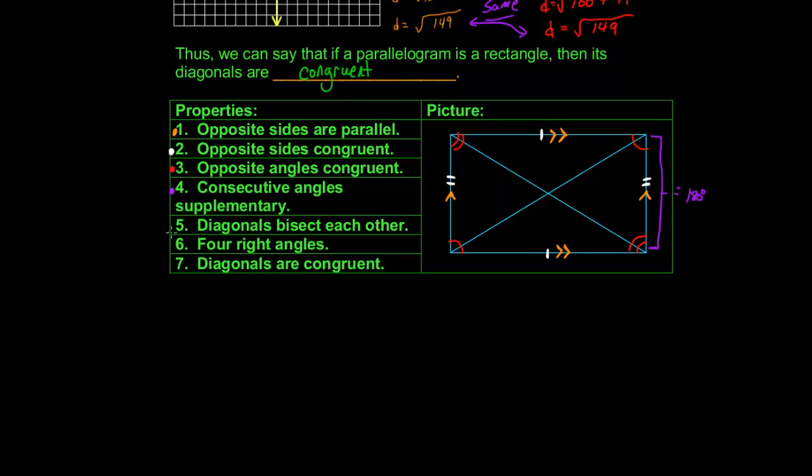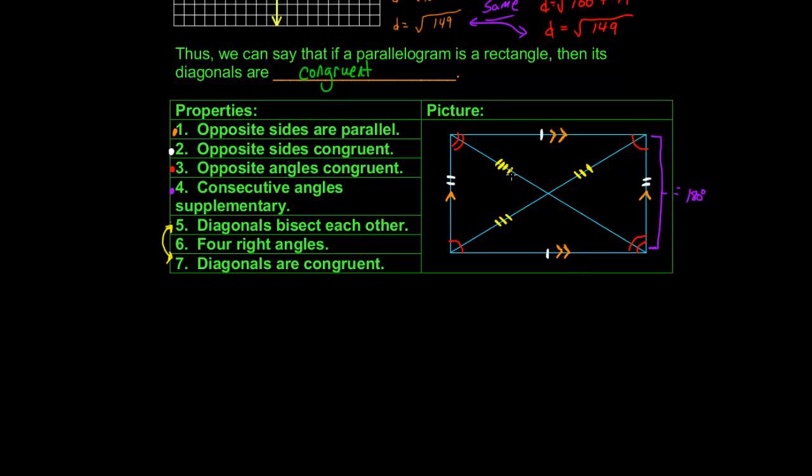Alright. The diagonals bisect each other. But there's something special that we're going to look at with these two. If our diagonals are congruent and they bisect each other, I'm going to come over here and put 1, 2, 3, 1, 2, 3, which is just like before. If you remember on the last one, we put 1, 2, 3, 4, and then we matched it here.